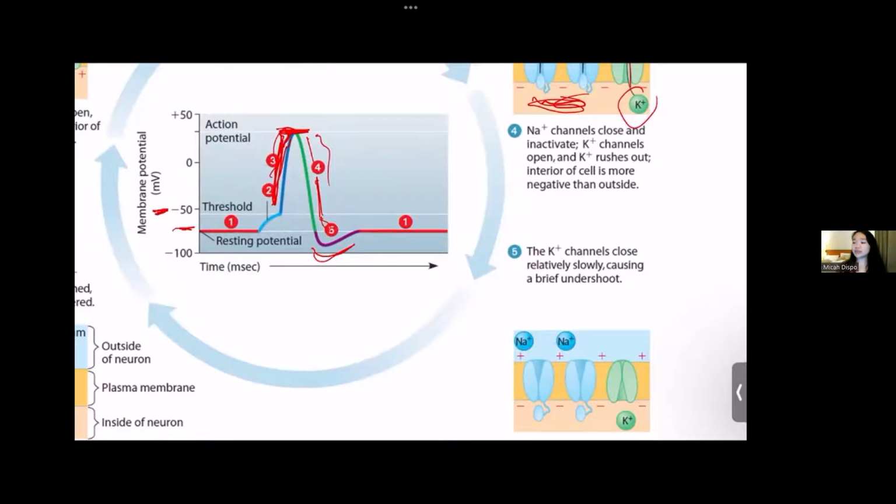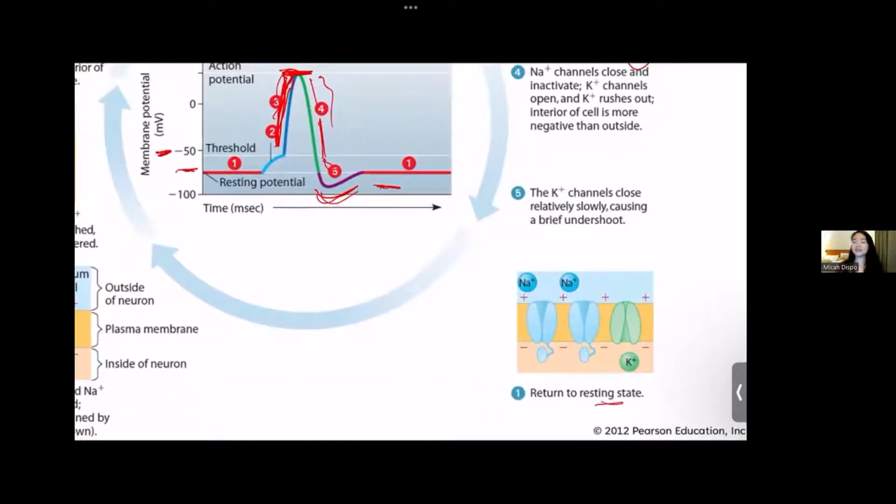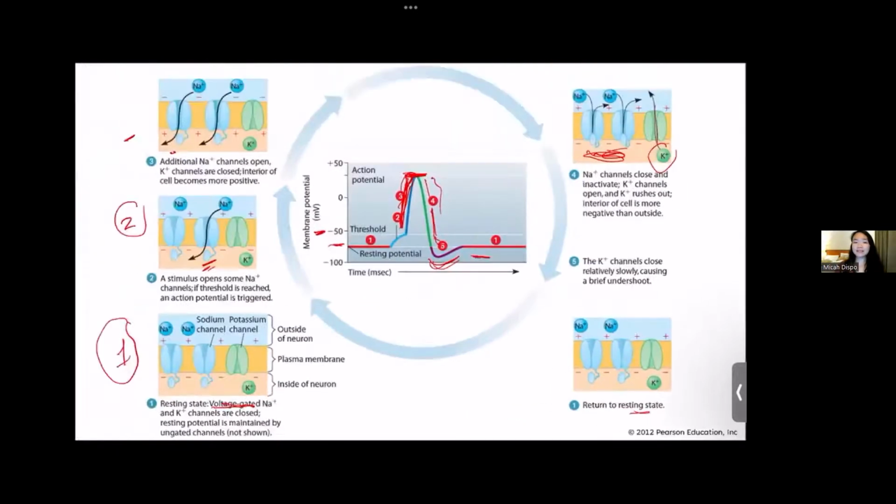But this happens very briefly. And then the neuron recovers and it goes back to its resting potential, which is our step 1. All right. So that is what happens in the transmission of nerve signals. Okay, it's a very brief summary.